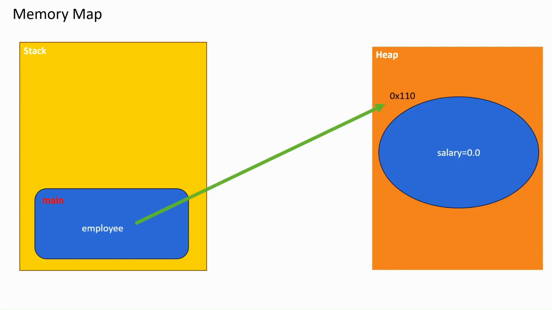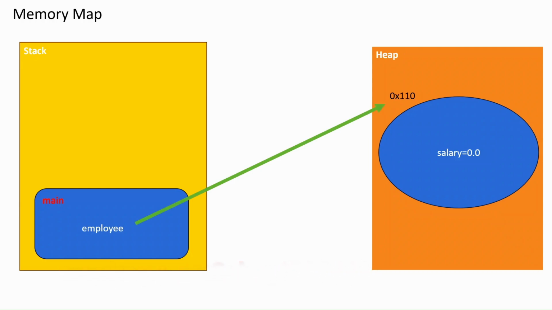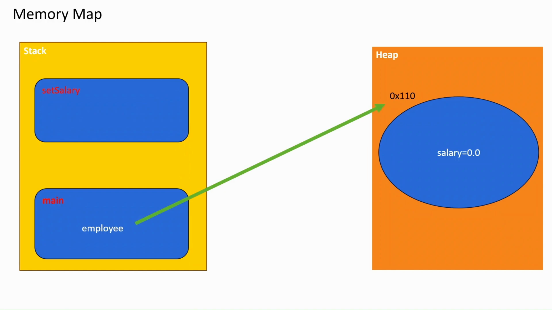Fine. Now, the next statement is employee.setSalary, and there we are passing 50,000. So the setSalary stack frame is created in the stack memory. In this method, we are assigning this dot salary is equal to 50,000. As I mentioned, this means who invoked the setSalary method. Here, the employee reference variable has invoked the setSalary method. So this is same as the employee reference.